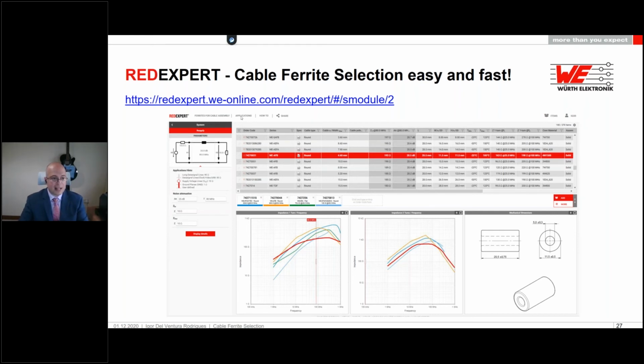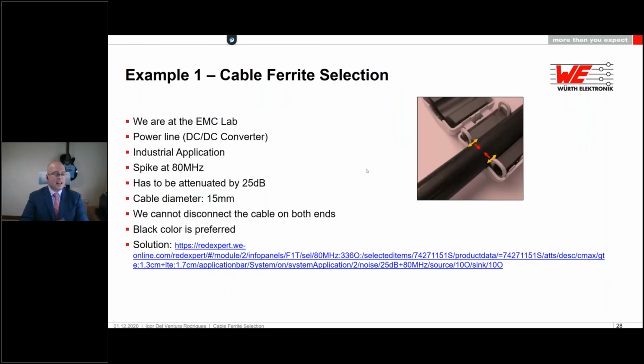So within RedExpert, we can easily select and compare ferrites. You have even some really nice tools that will allow us to do selection really quickly in a precise manner. And for this, we prepared a little example to show you how to select a cable ferrite via RedExpert.